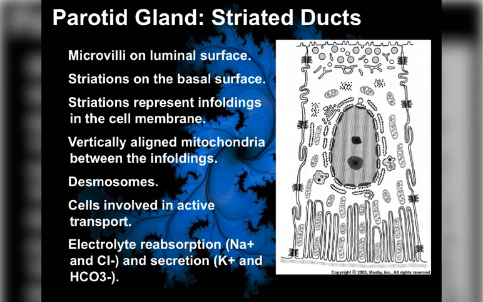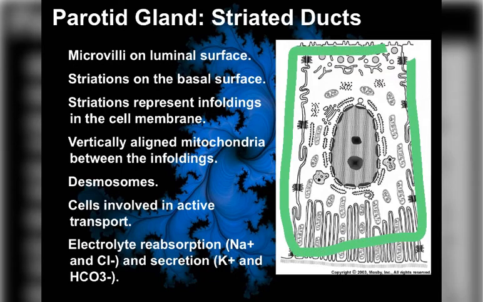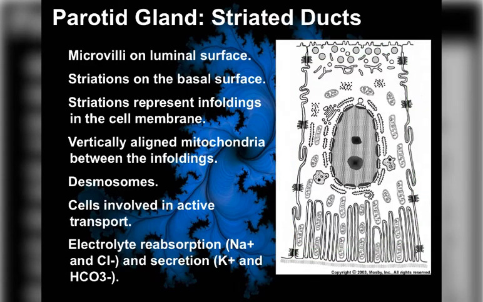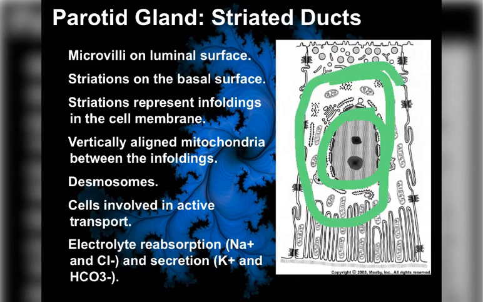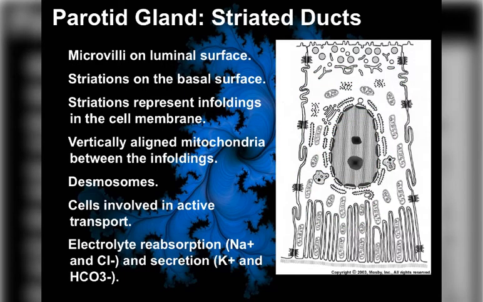Continuing with the striated ducts of the parotid, this cell is an example of a cell from the wall of striated ducts. Nucleus centrally located, substantial amount of cytoplasm, so more cytoplasm than nucleus. You see they are polarized.